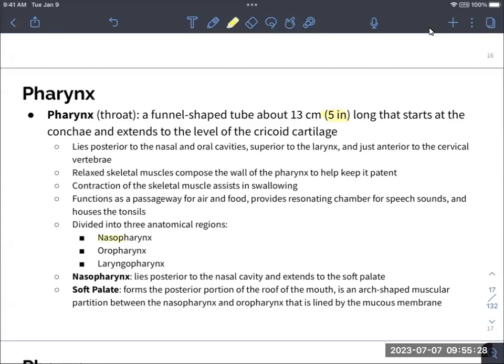We have the nasopharynx at the back of the nose, the oropharynx in the back of the mouth, and the laryngopharynx where the larynx is found. We have skeletal muscle in most of our pharynx because that skeletal muscle will allow us to swallow.